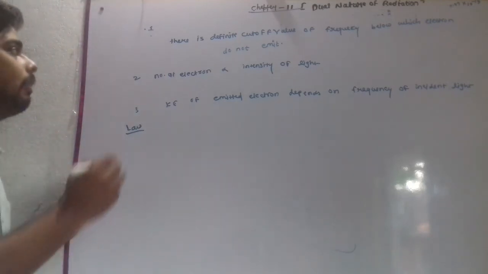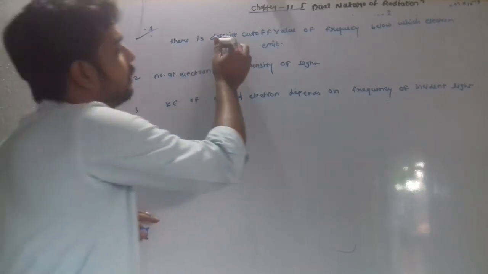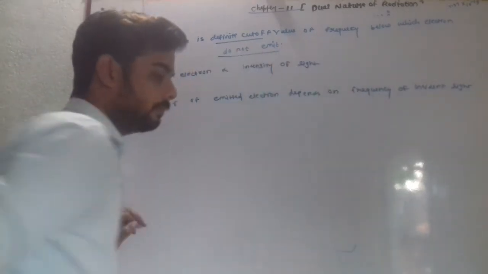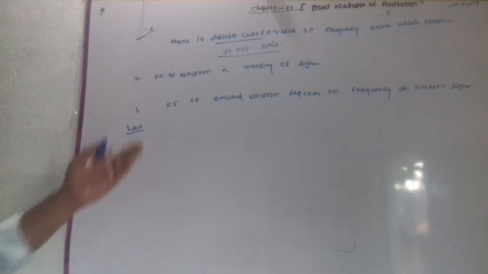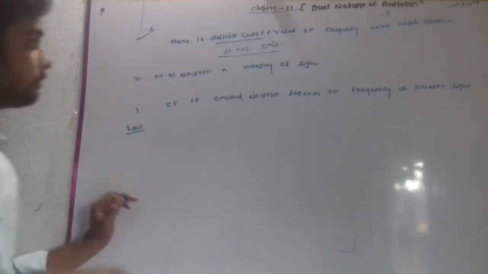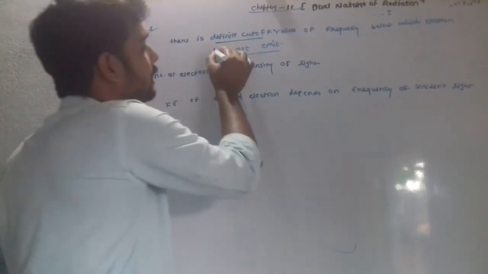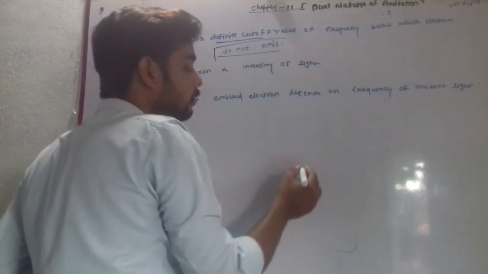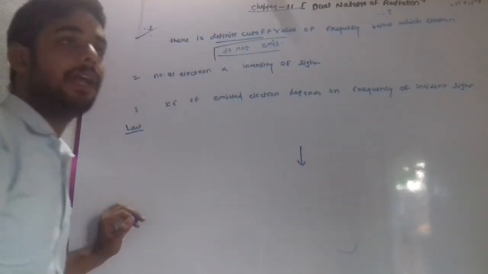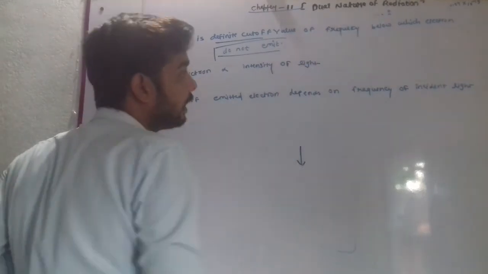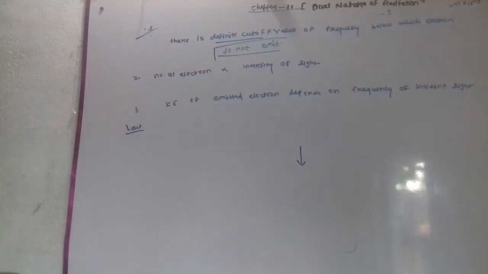The first law states that there is a definite cutoff value of frequency below which electrons do not emit. We have discussed earlier that this frequency is the threshold frequency. So we have to apply a minimum frequency of light, then only will electrons emit.